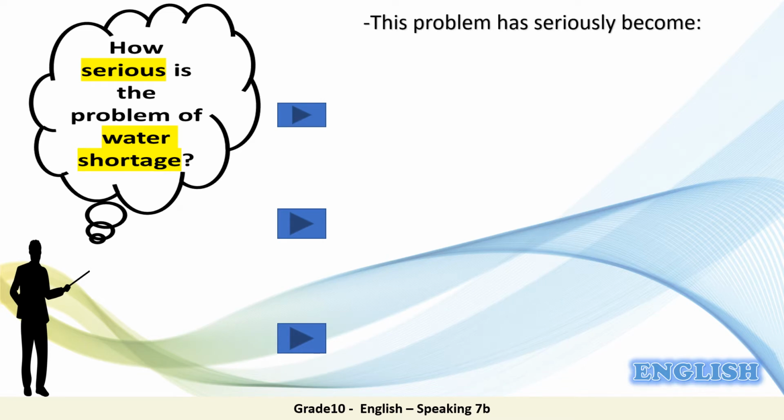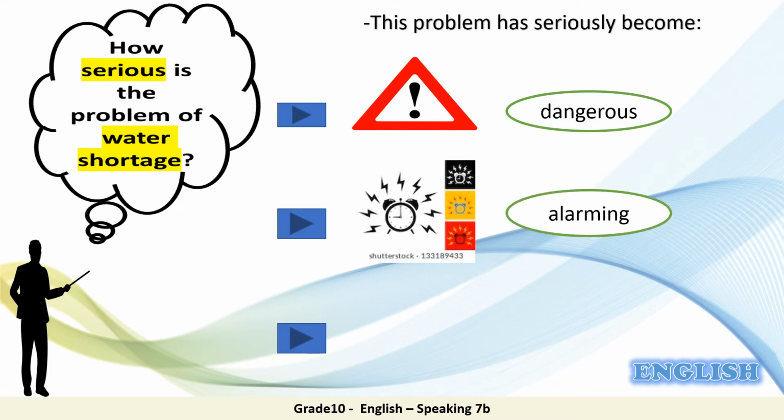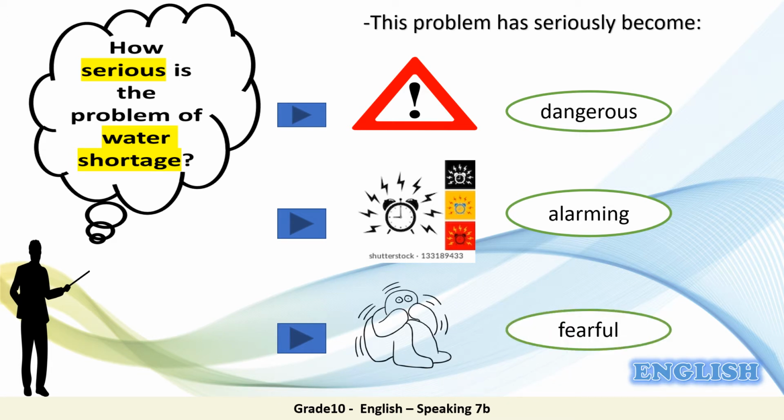You guessed it right. The first adjective to use for water scarcity is seriously dangerous. Another adjective is alarming. This problem is alarming. One more adjective is fearful. Very good.